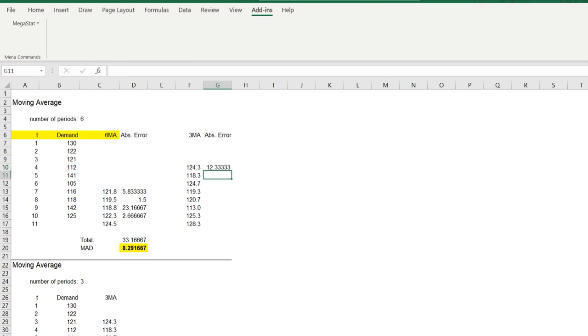Close paren, hit enter. And then if I go to the lower right corner of that cell, grab the plus sign and drag it, and I get those deviations. Just like we totaled them here, I'm going to total them here. So I'm going to go equal sum, left click once and drag, close paren, and there you go.